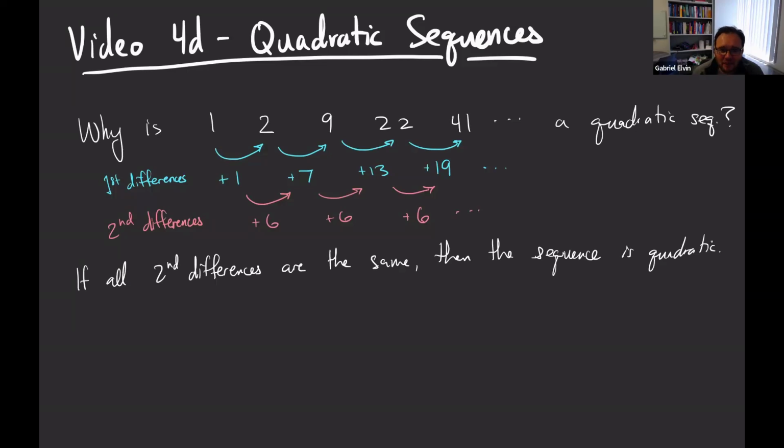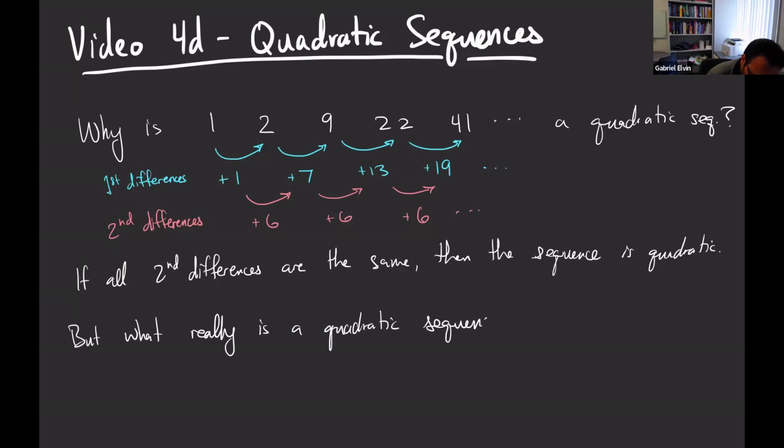The hint is in the name. It's a sequence of the form a sub n, so the nth term of the sequence is a quadratic when n is thought of as the variable.